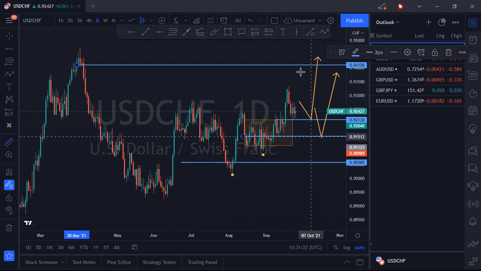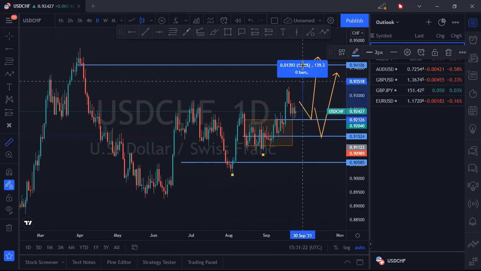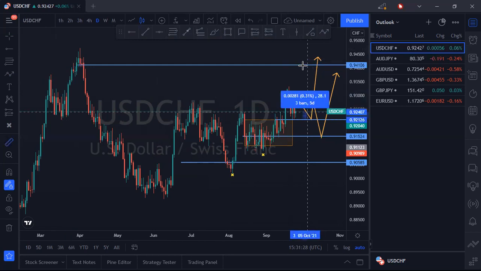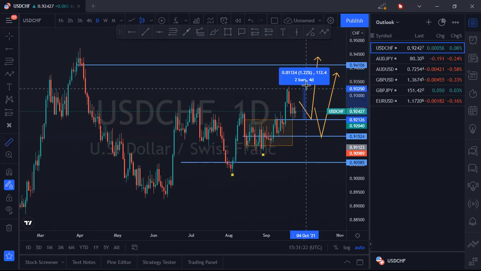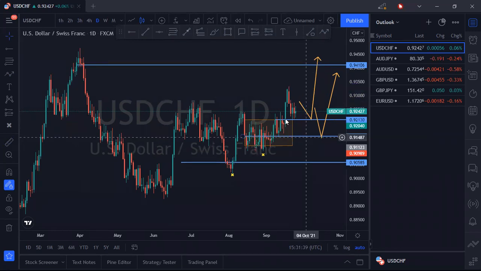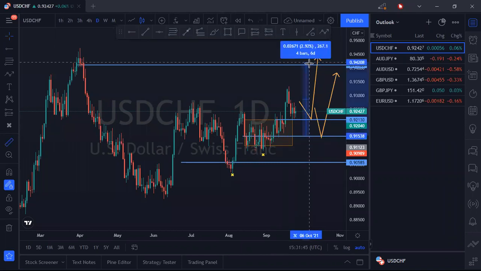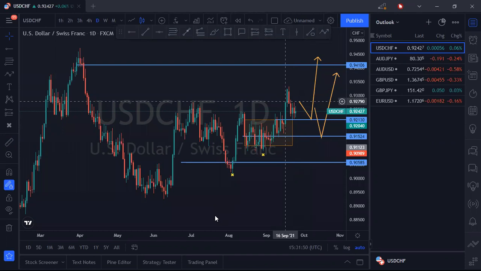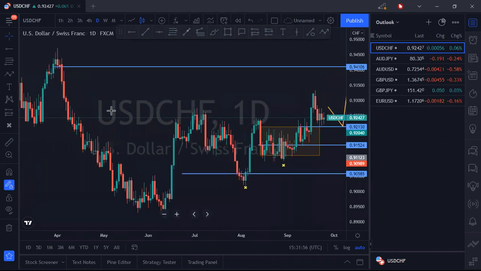So looking at it, that is almost about 200 pips from this level, and then from this level it is about 261 pips. So going into next week, I'll just see how price will react here. All right, so I think that is all for what I'll be looking at this week.